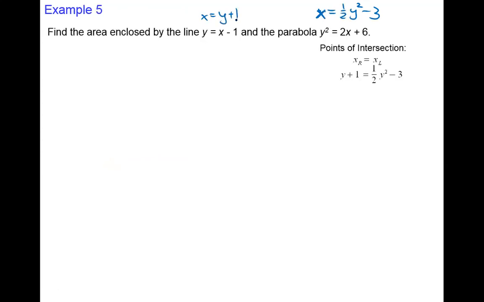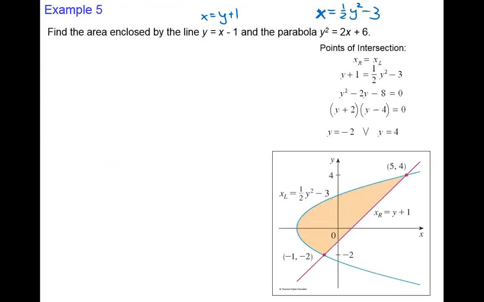Okay, that means y plus 1 must be the same as 1/2 y squared minus 3. We have a quadratic equation. I multiplied by 2 and moved all of the terms to the left-hand side, and I can factor easily. y is -2, y is 4. Perfect.